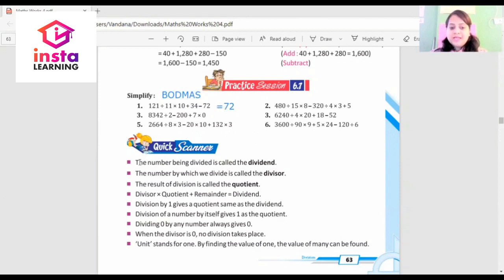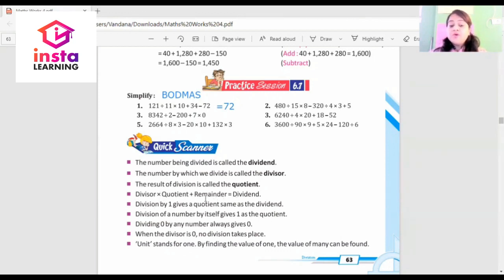This is your quick scanner. The number being divided is called the dividend. The number by which we divide is called the divisor. As I told you earlier in this chapter, it's a very important point. So you have to remember all these points. The result of division is called the quotient. Divisor multiplied by quotient plus remainder is called dividend. And it is the formula.